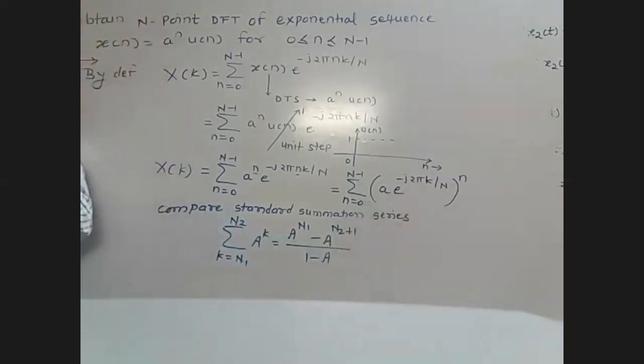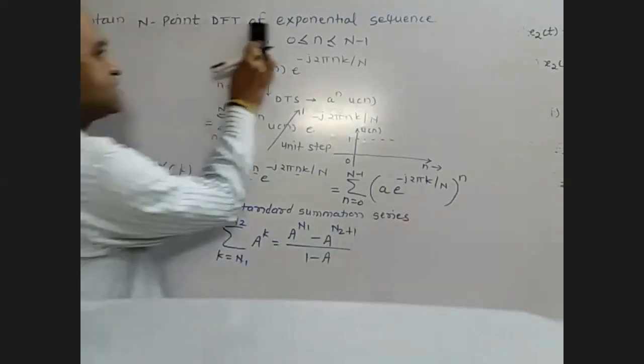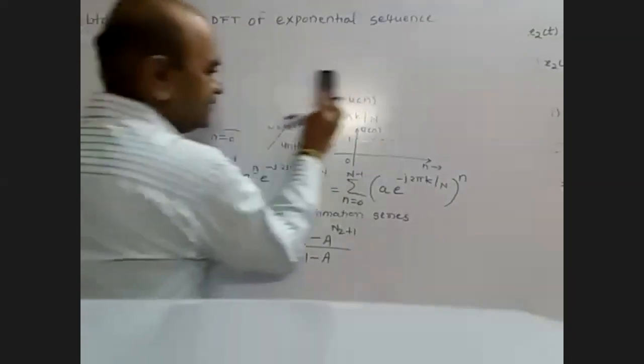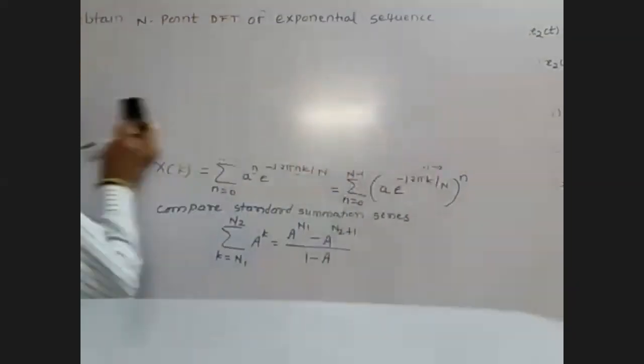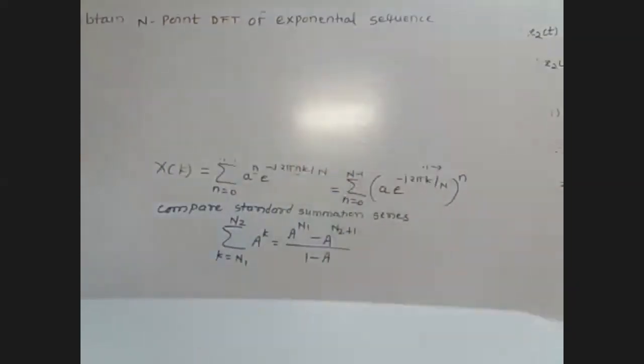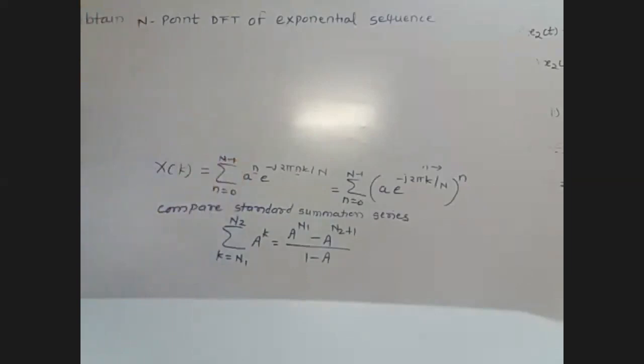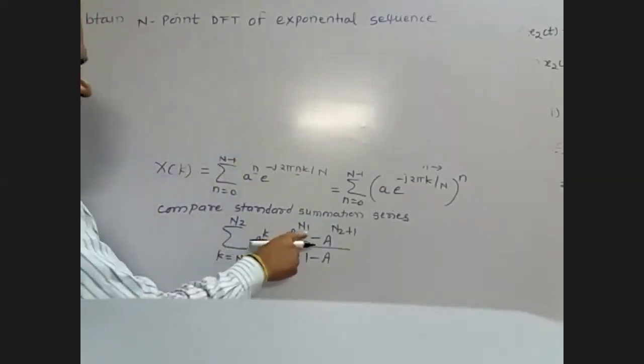Now I am erasing this part and writing the next point. Here n minus 1 is present. Now we compare: what is n1, what is n2?